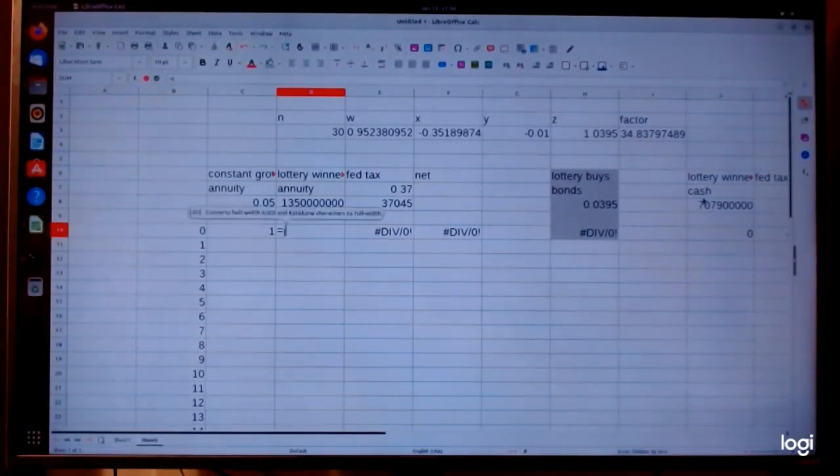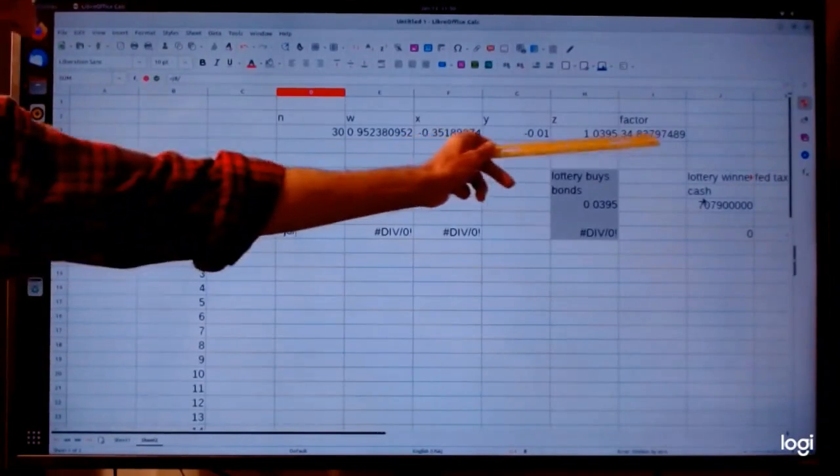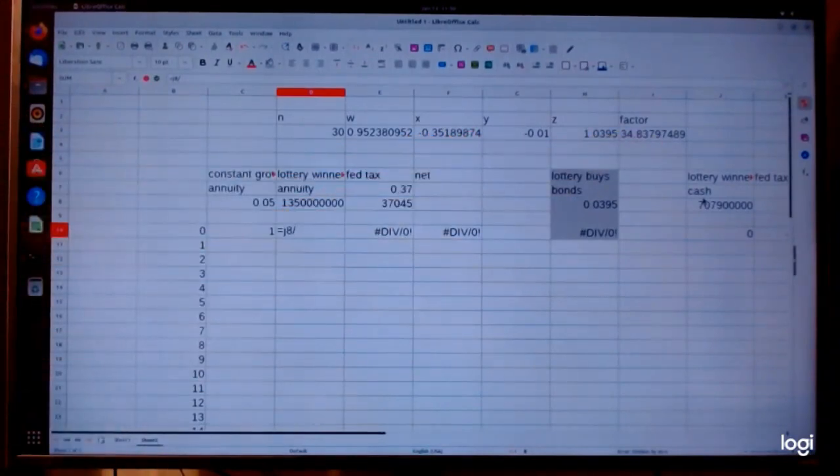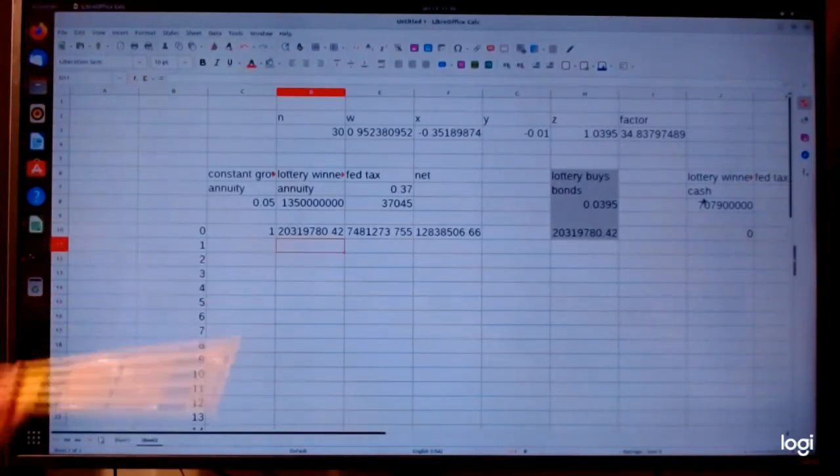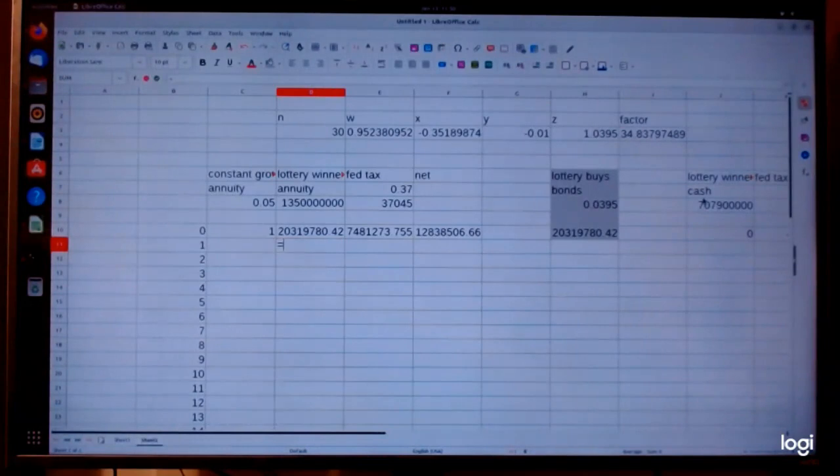J8 divided by that factor that we just calculated. That's I3. There we go. There's our first payment. And now we can calculate the rest of the annuity. It's what? D10 times 1 plus C8.